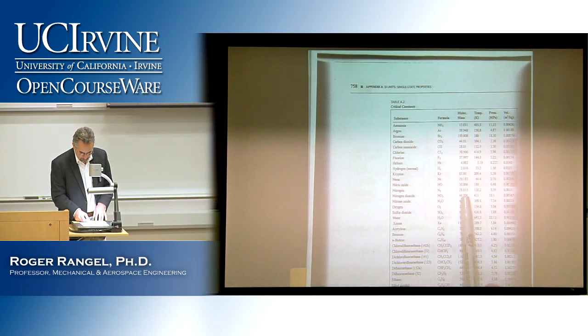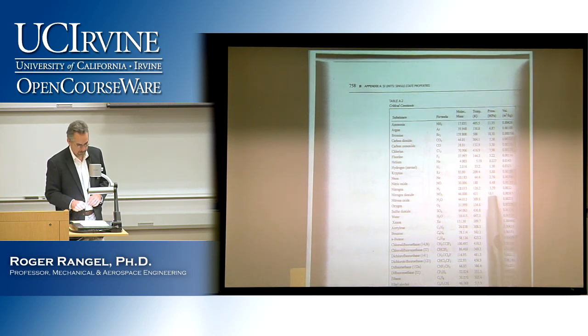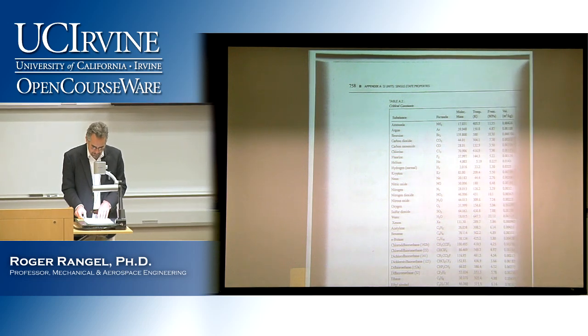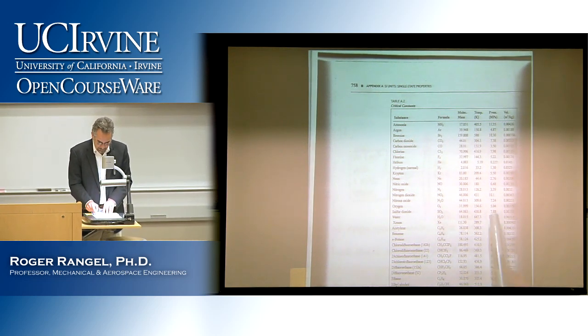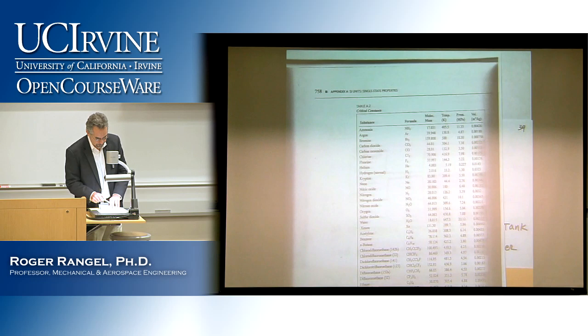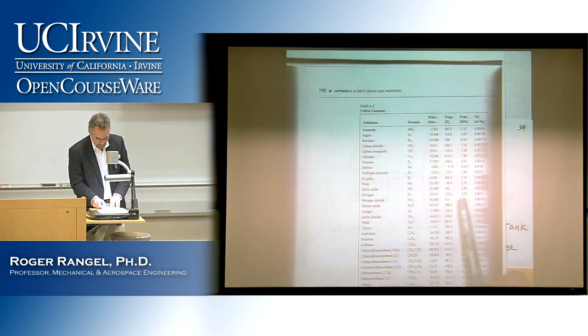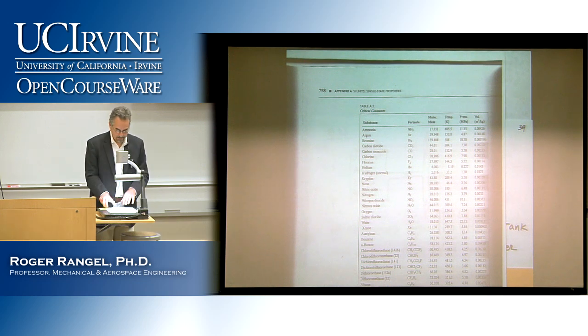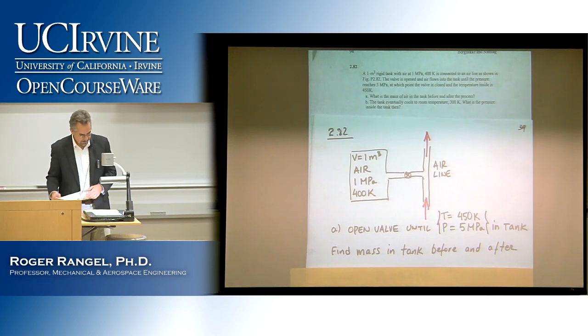So I can go to nitrogen, N2, and look at the critical temperature and critical pressure. And then I can make a comparison right there. So for example, let's look at the pressure first. The critical pressure is about 3.4 megapascals.